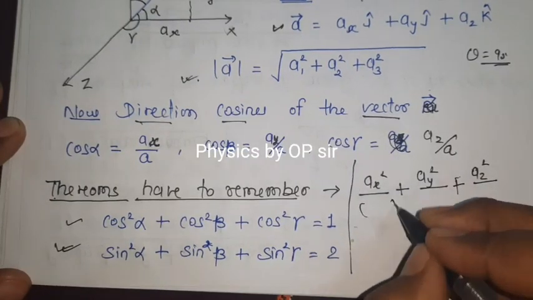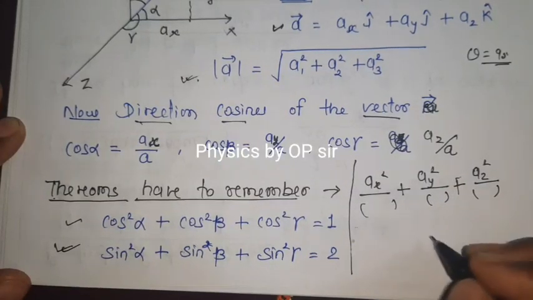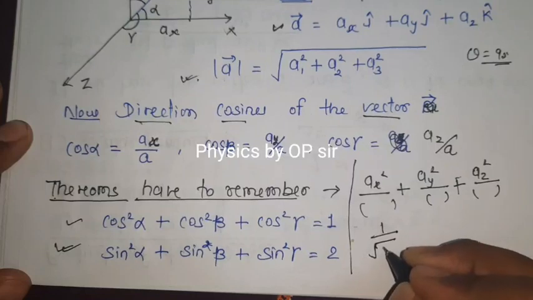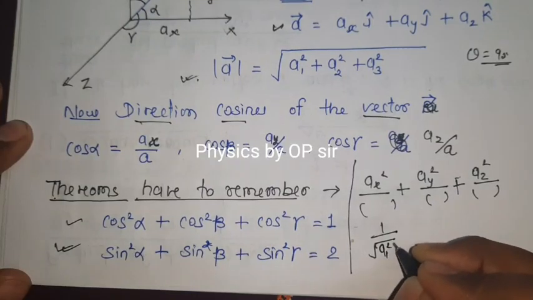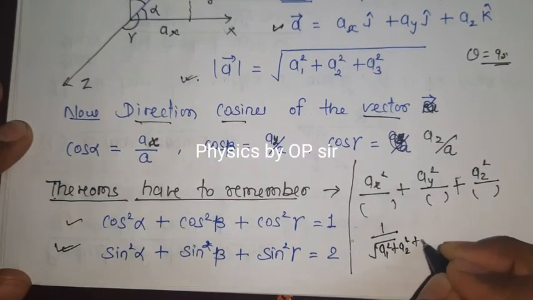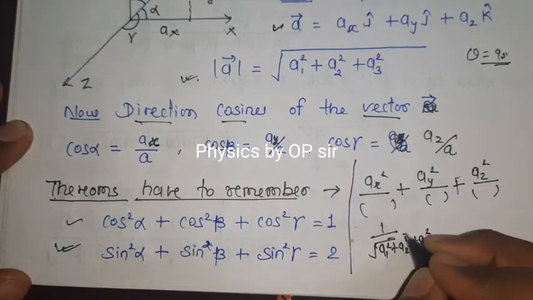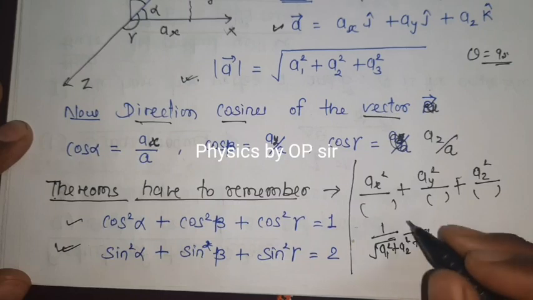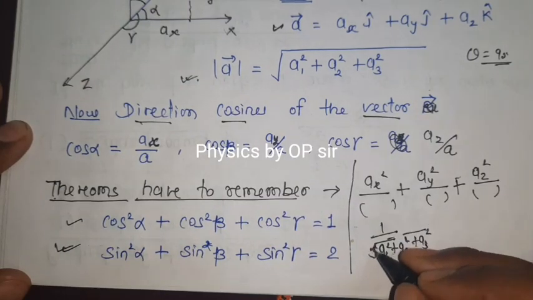So this is common in all three. When we take the common, it comes root of a1 square plus a2 square plus a3 square. It is common, and it is squared also, so its root also cancels out.